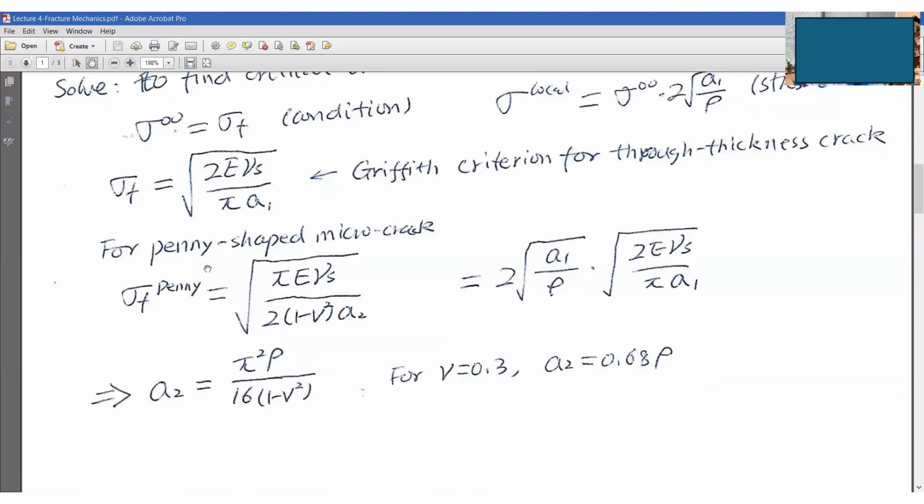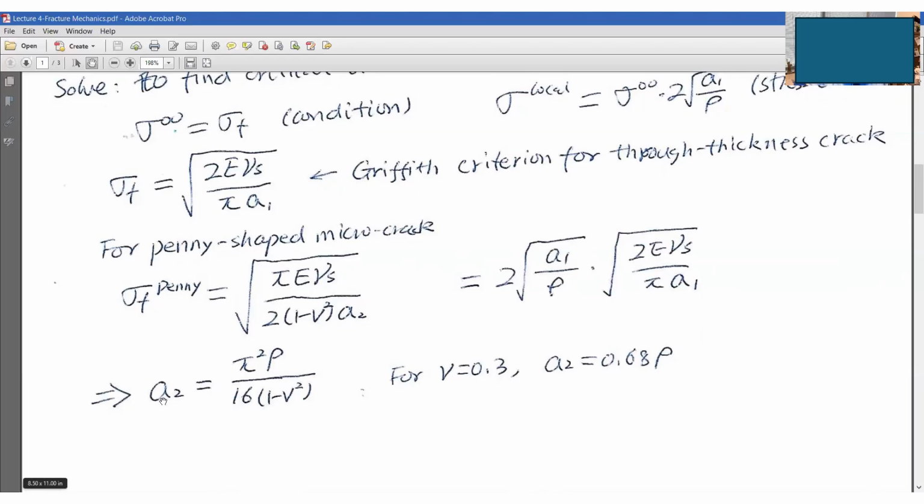This is the failure stress based on the penny-shaped crack, multiplied by the stress concentration factor. After we get this equation, we have one equation and one unknown, which is A2.